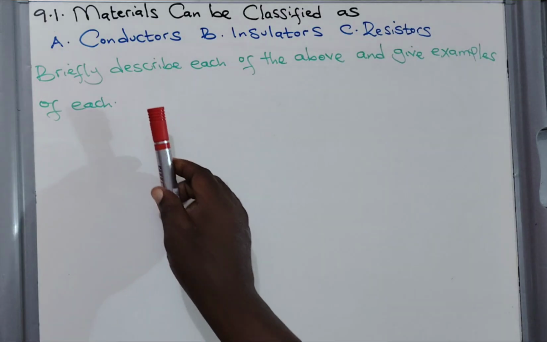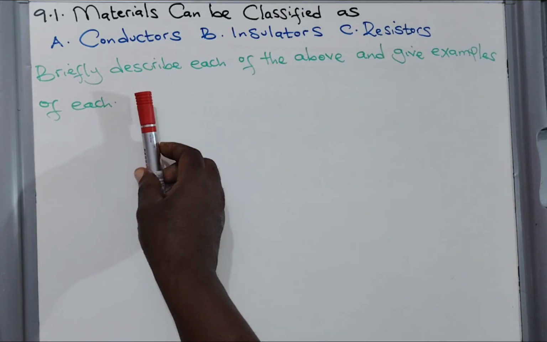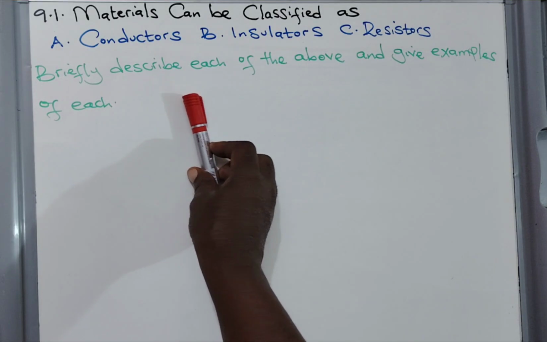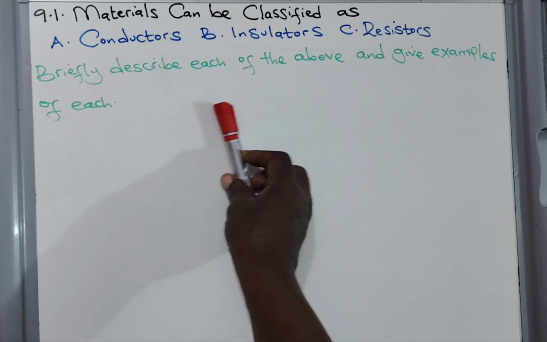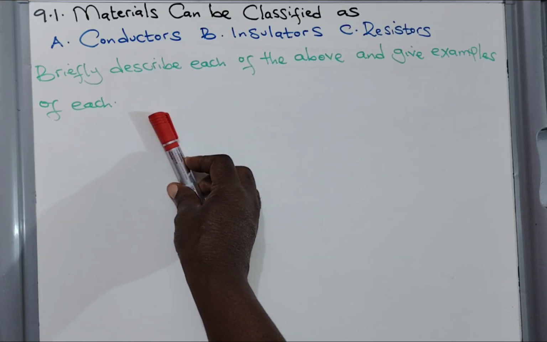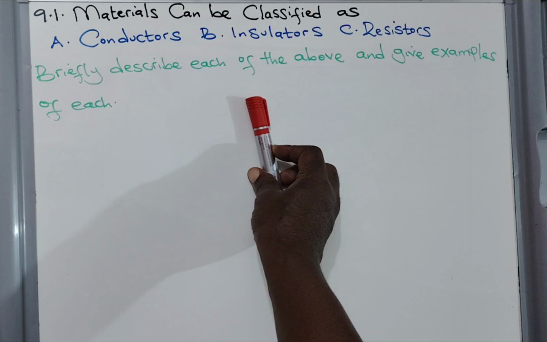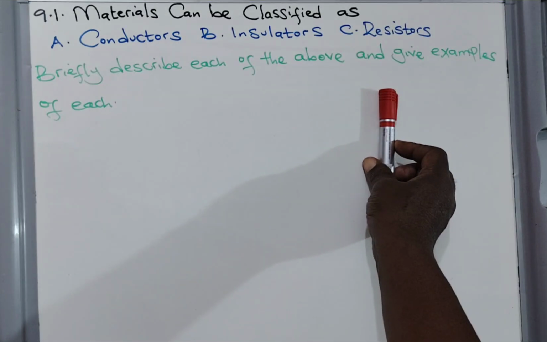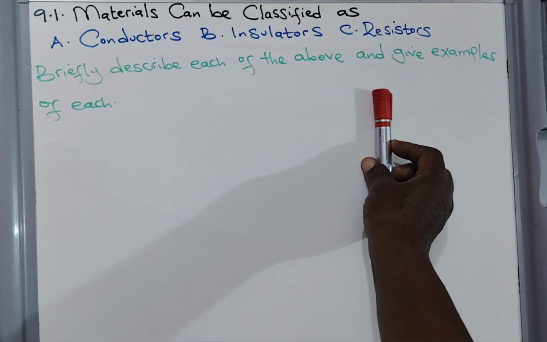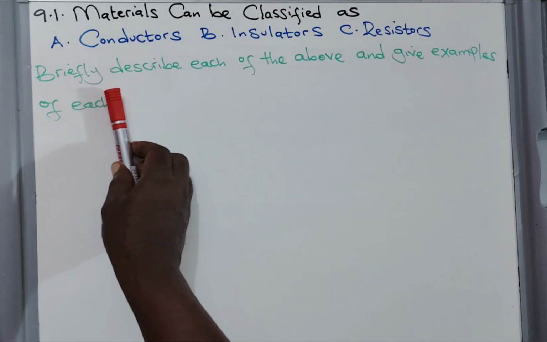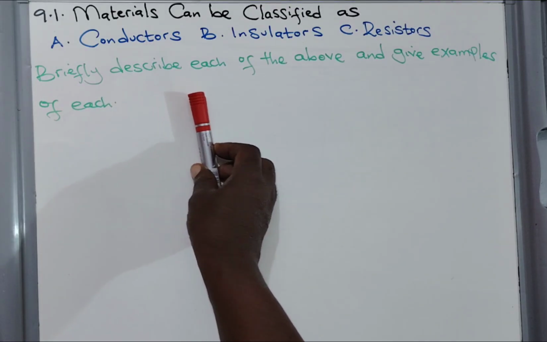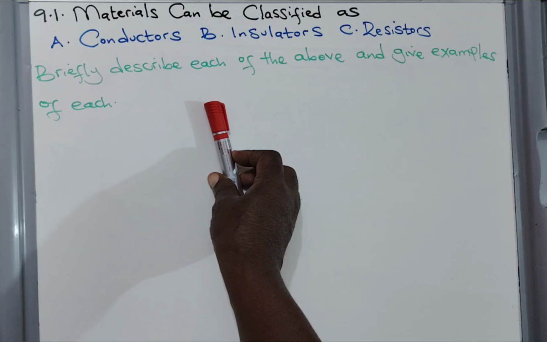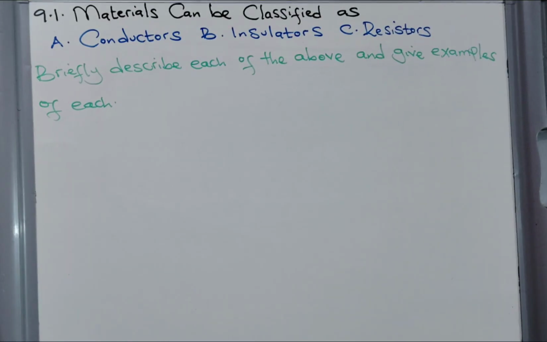Okay, today we are looking at this question. It says that materials can be classified as A, conductors, B, insulators, and C, resistors. Briefly describe each of the above and give examples.